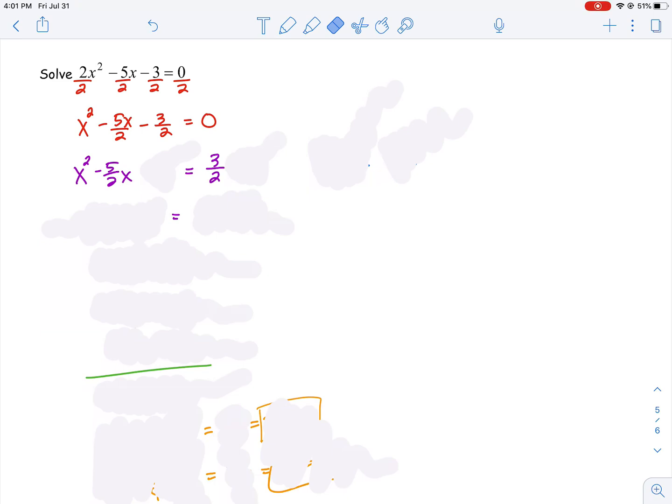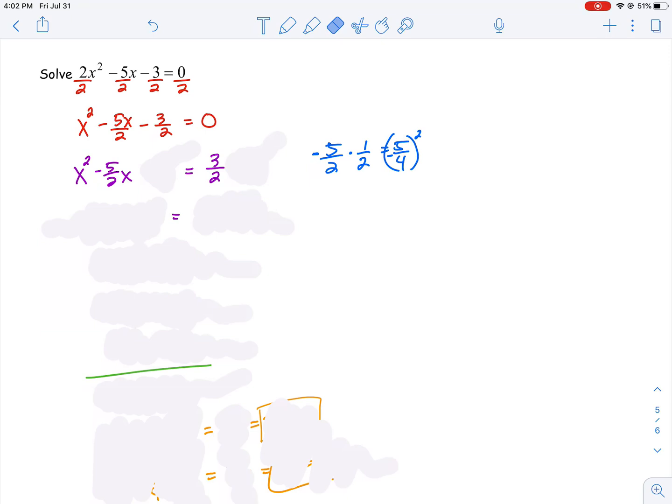Let's figure out what number we need to add to both sides of the equation so that the left side turns into a perfect square factorable polynomial. Remember, we take the number in front of x, that's the negative 5 halves, we divide it by 2, or in this case, multiply by 1 half, which ends up giving us negative 5 fourths, and then we square it, and that's the number we're going to add to both sides.